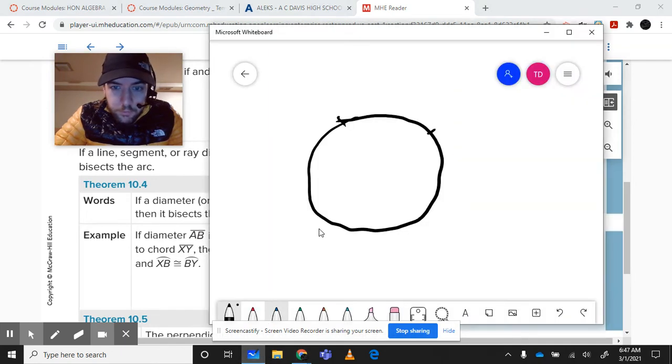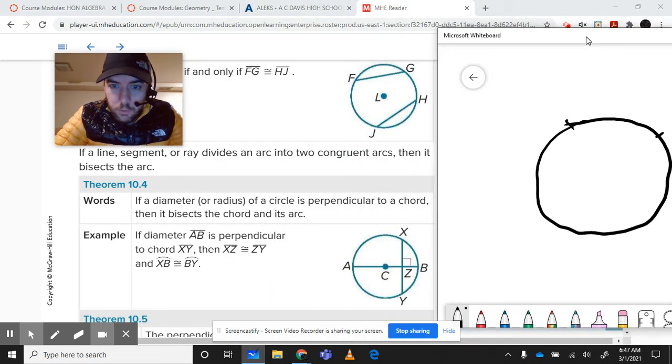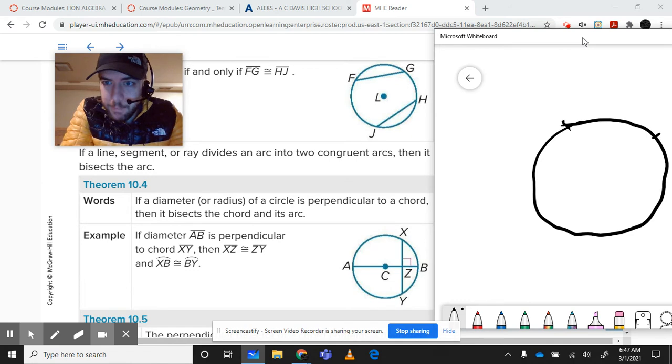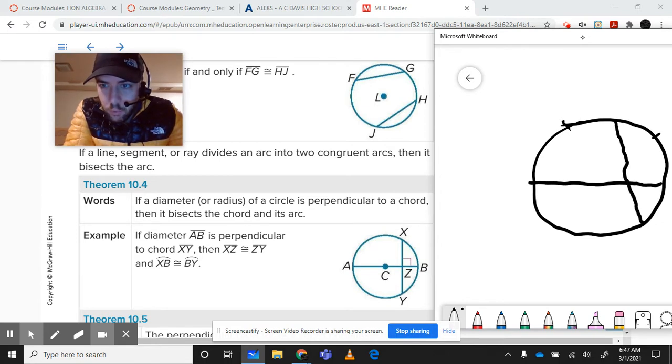An alternate version to show an example of that not happening would be like this. If I have a diameter and I have a chord, but that chord does not generate a 90-degree angle right here.